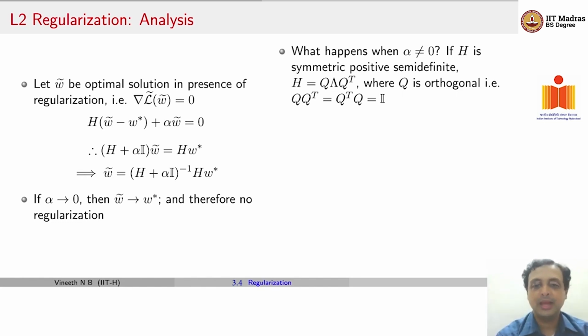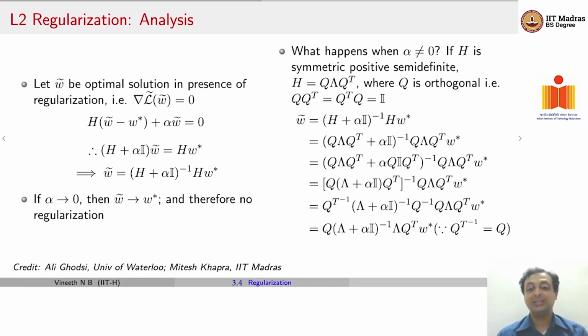In such a scenario, H can be decomposed as Q lambda Q transpose, where Q is an orthogonal matrix. Q transpose Q is equal to I. This should also tell you that Q transpose is equal to Q inverse. That's the only way you will be able to write it this way.